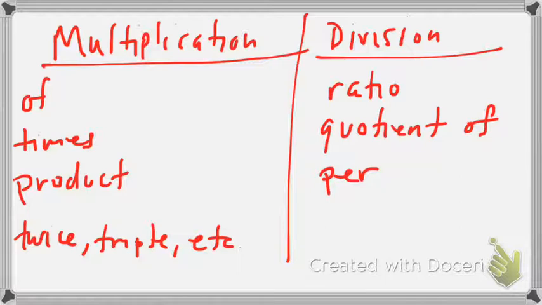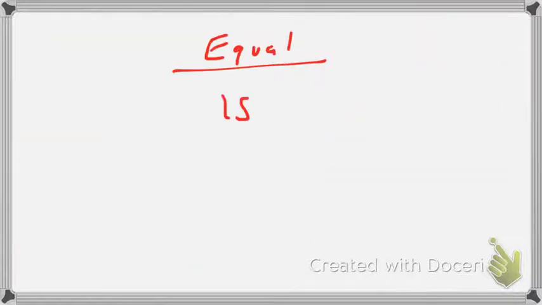For multiplication: of, times, product, twice, or triple, etc. For division: ratio, quotient of, or per. And then I'd like you to add equal, because whenever you see the word is, you normally associate that with equal or equals.